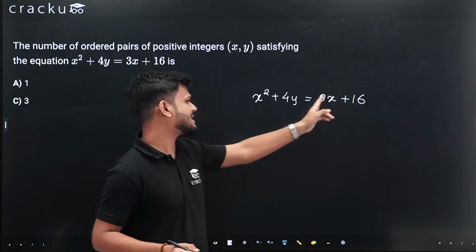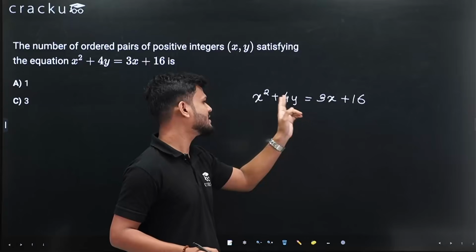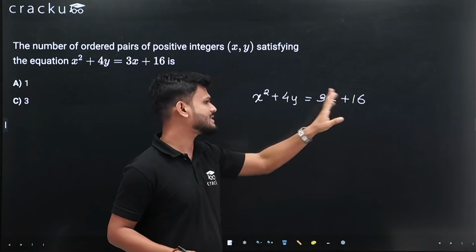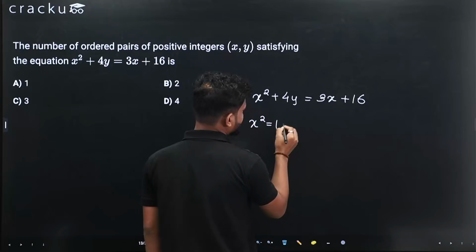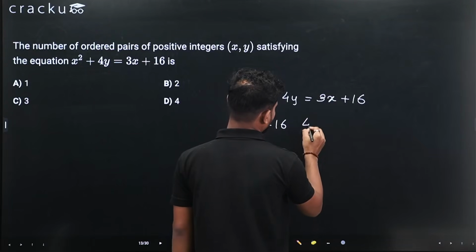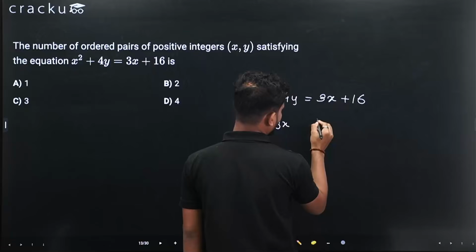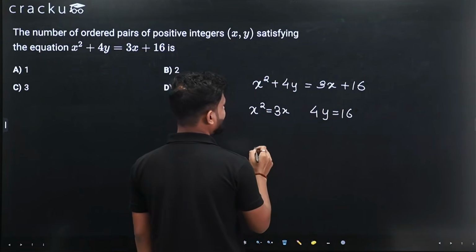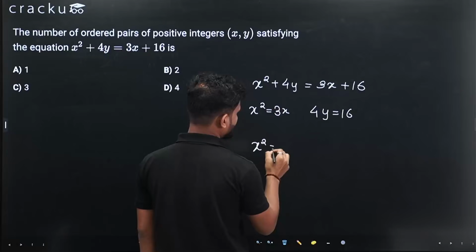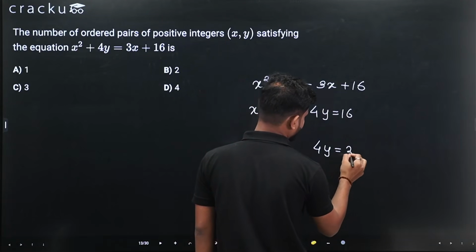So just equate x square equal to 3x and 4y equal to 16. The other case can be x square equal to 16 and 4y equal to 3x.